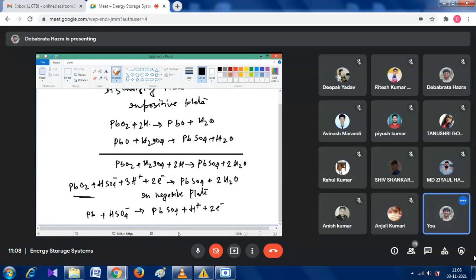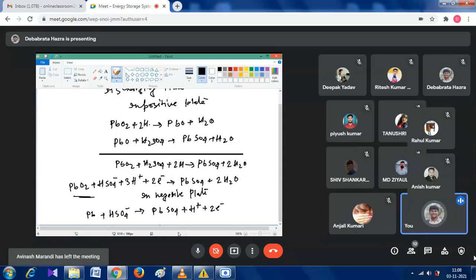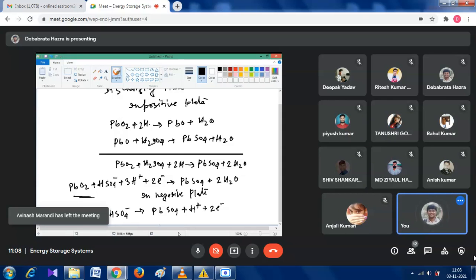So in the positive plate, lead peroxide reacts with hydrogen and creates lead oxide and water. After that, that lead oxide reacts with H2SO4 and creates lead sulfate.